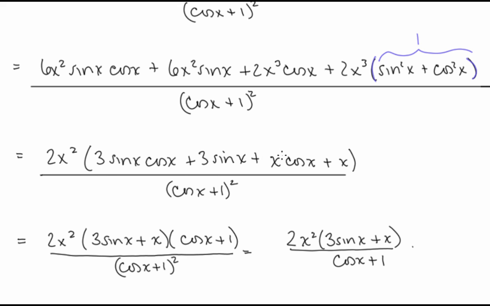And we have an x that factors, leaving a cosine x plus 1. So that tells us we can factor what's in the parentheses as 3 sine x plus x multiplied by cosine x plus 1. And then we have a factor in the numerator and denominator of cosine x plus 1 that will cancel. And so we're here, 2x squared times 3 sine x plus x over cosine x plus 1. And that's our derivative.